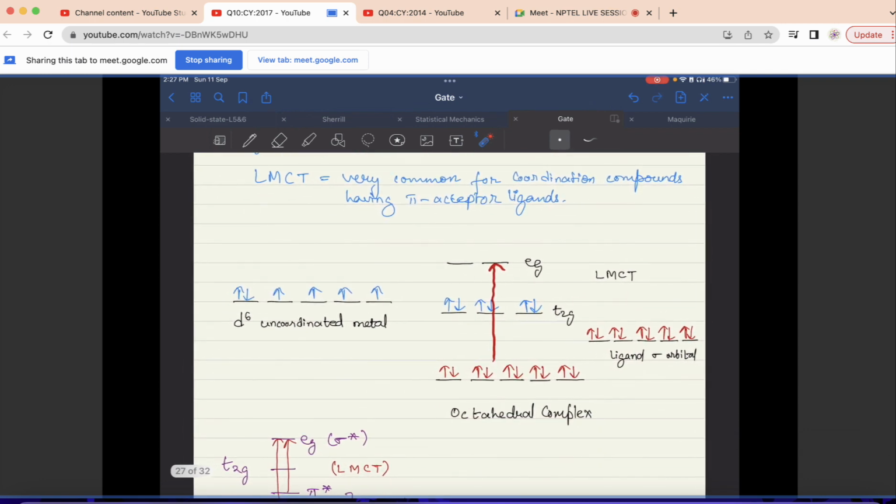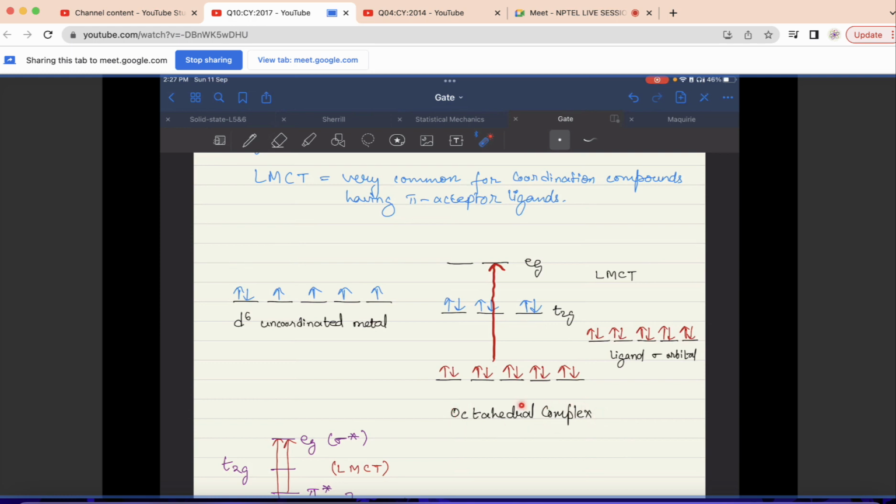So in terms of molecular orbitals, let's look into this. This is a d6 uncoordinated metal, and here we have a ligand with, for example, a full sigma orbital.